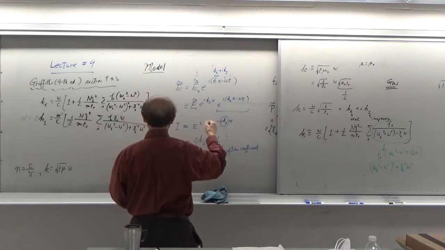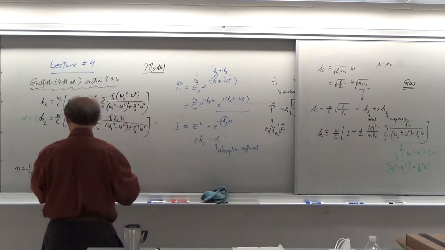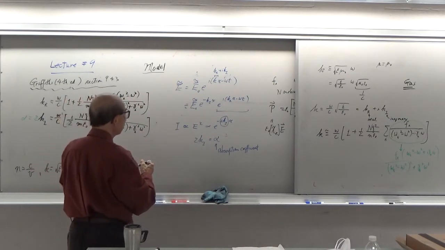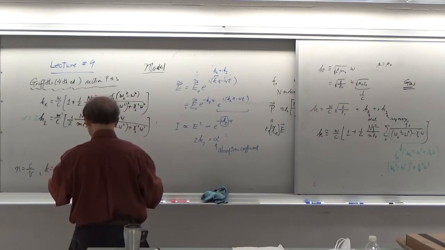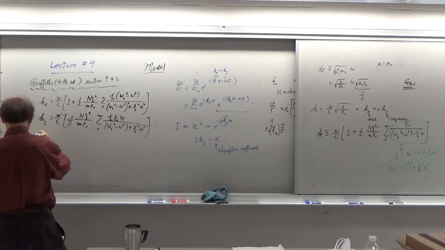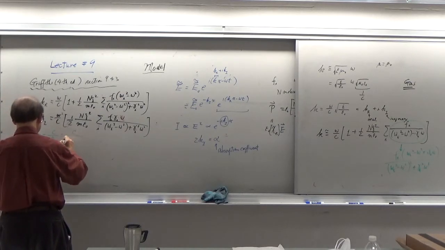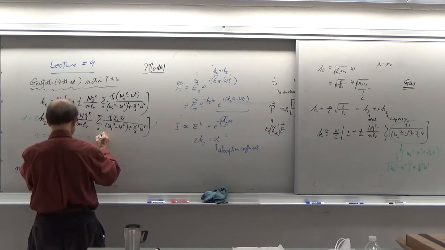And then k real is here. Let's see. So n is c over v, v is omega over k real. So this is equal to k real times c over omega.